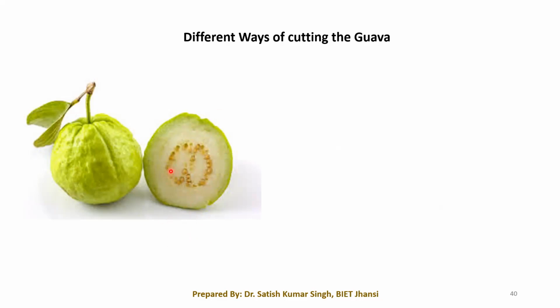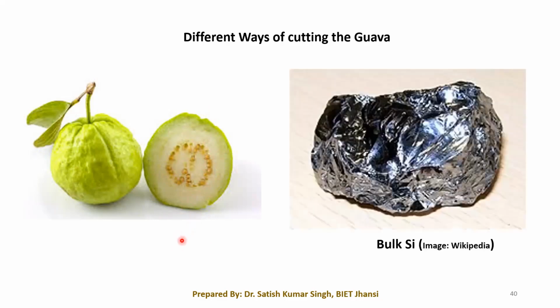If you understood this concept, now let me ask you another question. If I had a bulk silicon crystal, let me ask you the same question again. If I cut this silicon crystal like this, or like this, or any other possible way, then what will be the surface property that we are interested in?